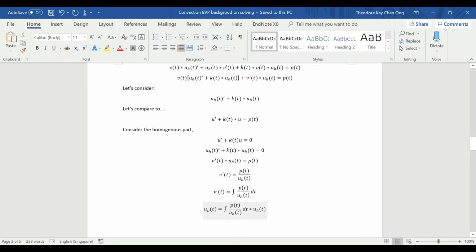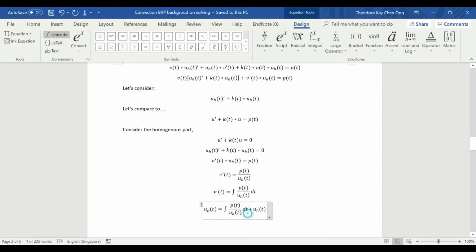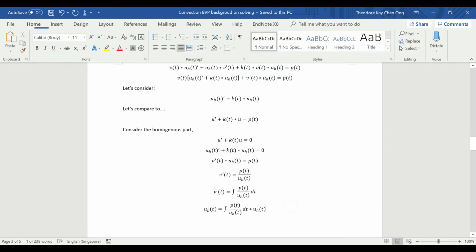So provided we can evaluate this integral pretty okay, we should not have a problem finding this u_p of t.